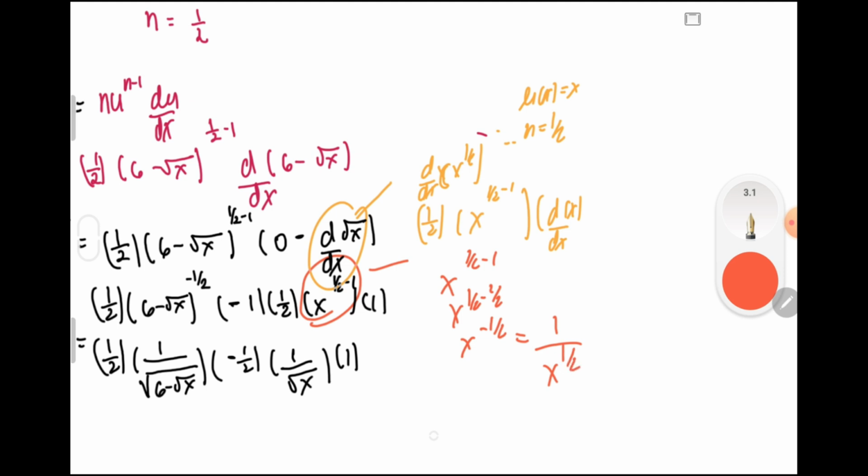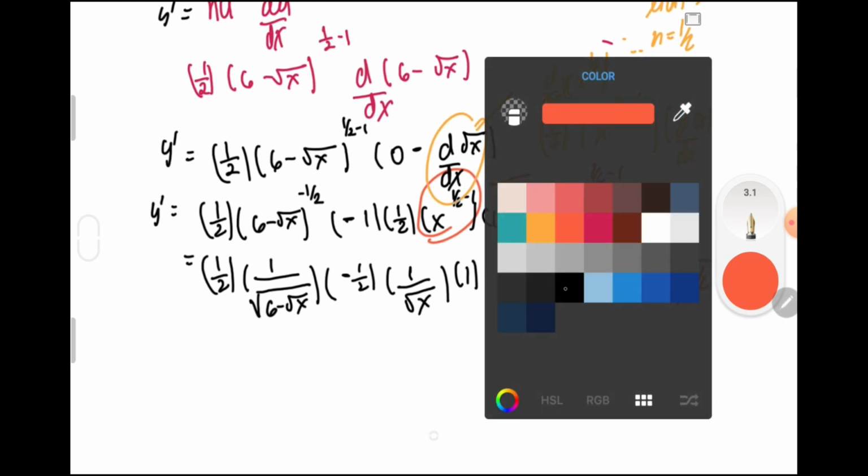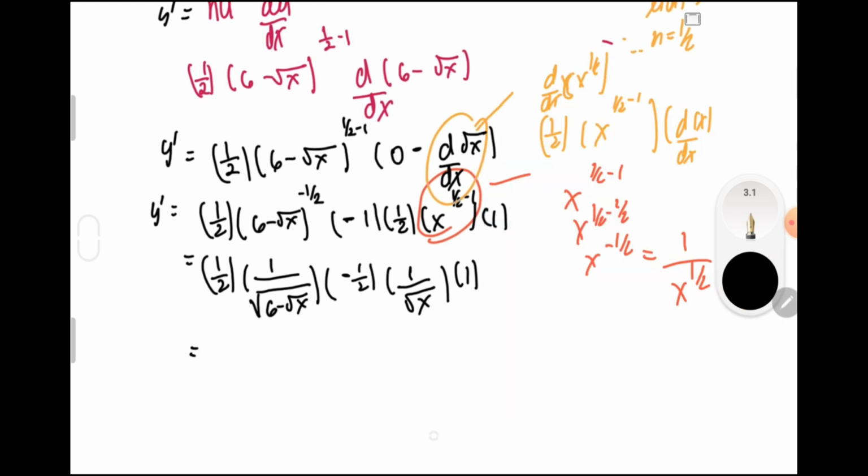Right? So, by further manipulation or by simplification of this equation, I will have a value equal to negative 1 all over 4 multiplied by 1 all over the square root of 6 minus the square root of x, multiplied by 1 all over the square root of x.